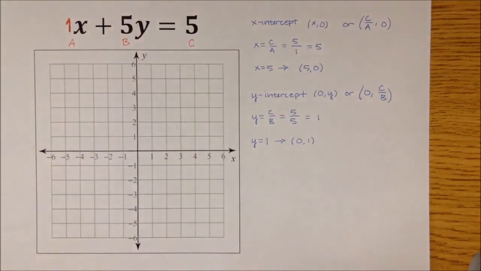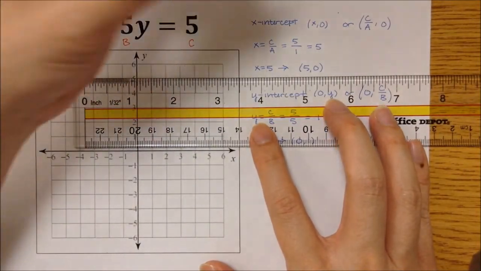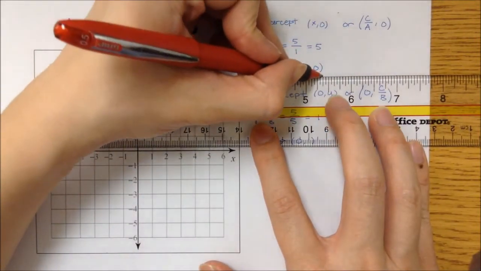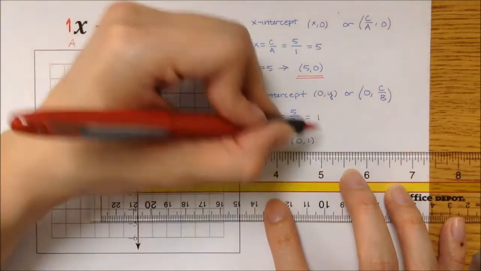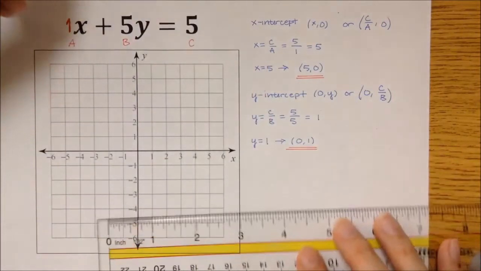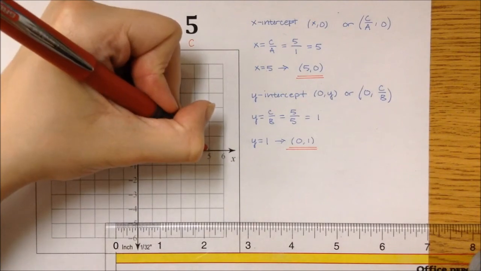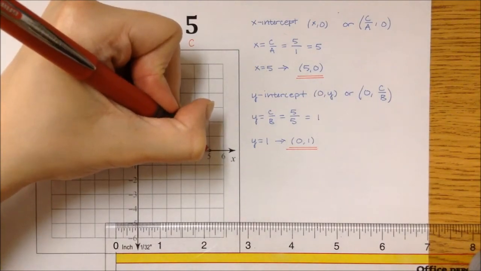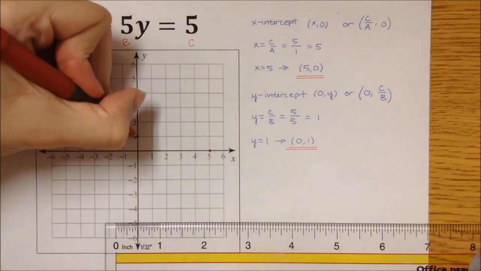So here's our two intercepts, 5, 0. And then our y-intercept, 0, 1. So 5, 0, which is right here. And then 0, 1, which is right there.